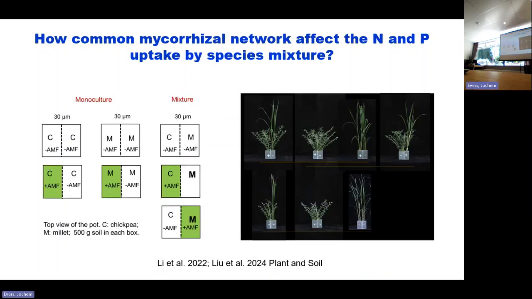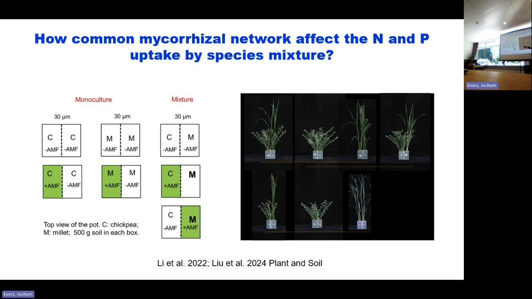So we did this pot experiment. In this pot experiment, we have the treatments like monoculture and the mixture, without mycorrhizal fungi and with mycorrhizal fungi. And we also used a mesh for the root compartments.